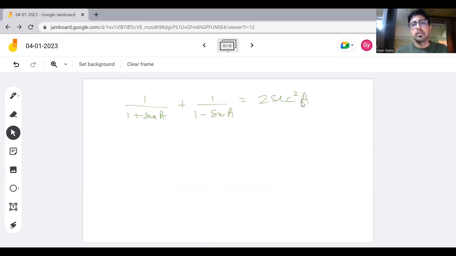The first approach is to take the LCM of the first term and the second term, add them, and complete.